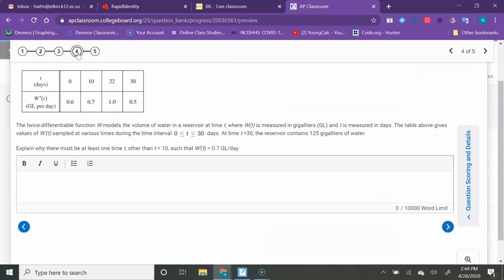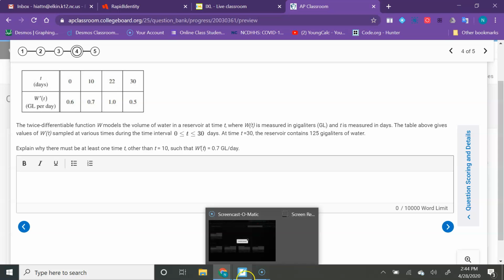Okay. For number 4, it says, explain why there must be at least one time t other than t equals 0, such that w prime of t equals 0.7 gigaliters per day. And so the key right here, if you look at it, just kind of makes sense. You go from 0.6 to 0.7 to 1, and then back to 0.5.